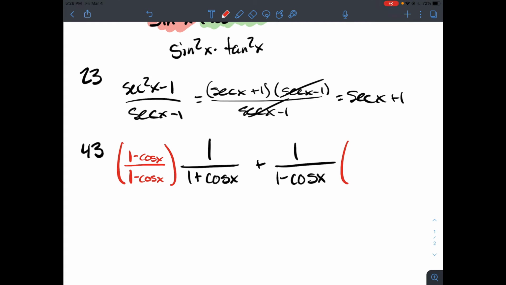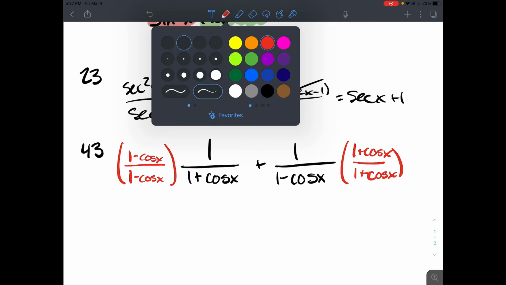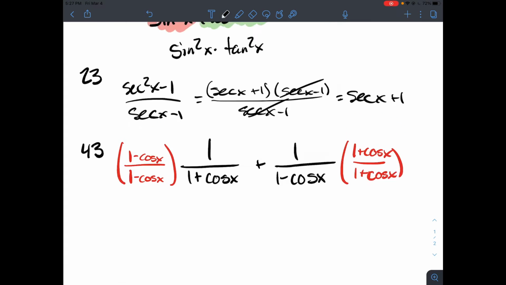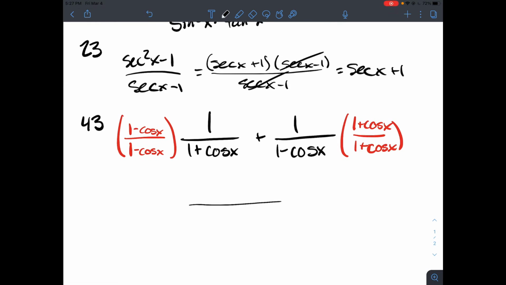Then over here, 1 plus cosine of x, 1 plus cosine of x. In the bottom, we're going to have a difference of squares, so I'm just going to skip a step. This is 1 minus cosine squared of x.